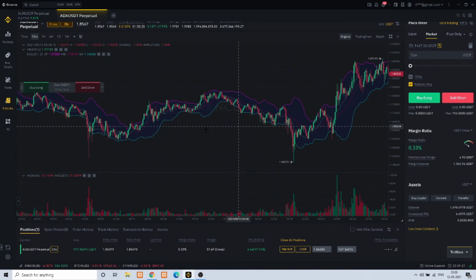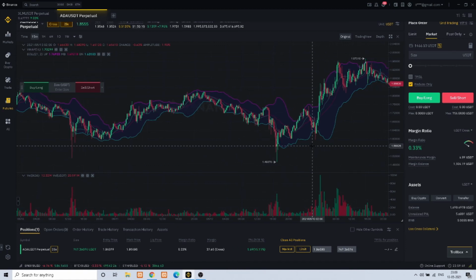Now, the crash situation might vary. This one might be lower or higher compared to this or this, and this one might be lower or higher compared to this and this. It doesn't matter. The only thing that matters is exaggerated moves, meaning moves going beyond 2 or 3 standard deviations down.